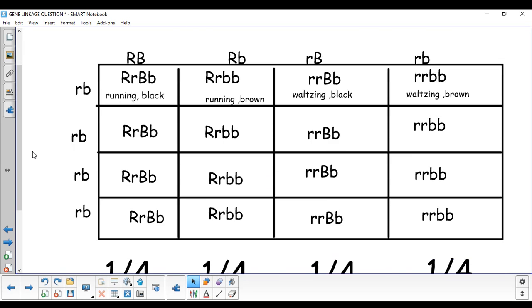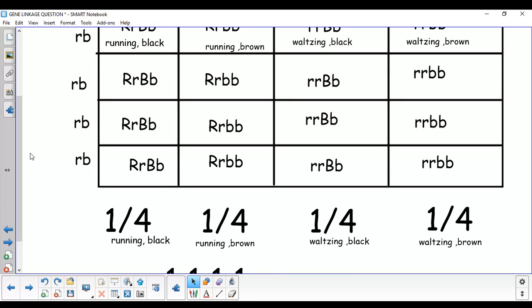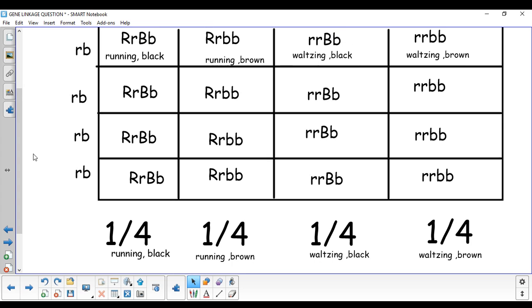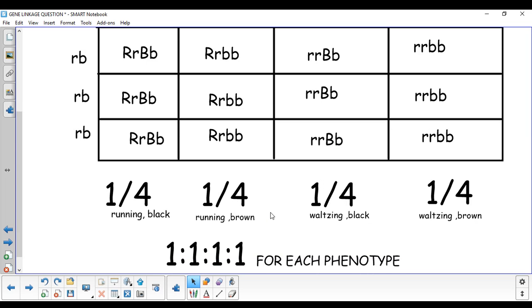What we wind up with for a phenotype ratio, if these alleles are not linked, is 1/4 running black, 1/4 running brown, 1/4 waltzing black, 1/4 waltzing brown. If these genes are not linked, you would expect to get a 1-to-1-to-1-to-1 ratio for each phenotype, the same amount.